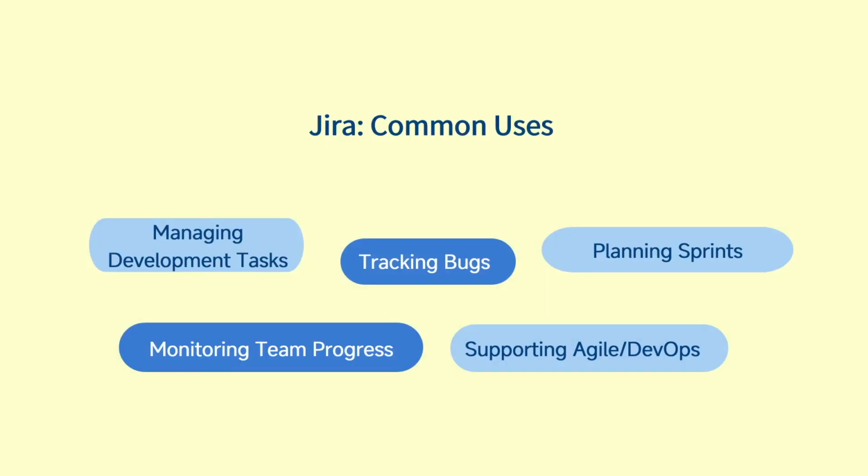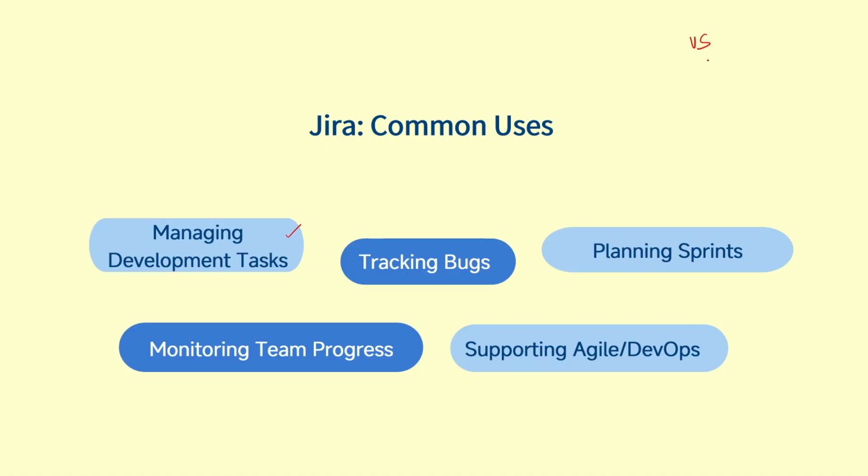One is managing the development tasks. Like Jama, this also takes care of your development tasks. Now we have user stories and we have several tasks, task 1, 2, 3, and every single task will be associated to a team.